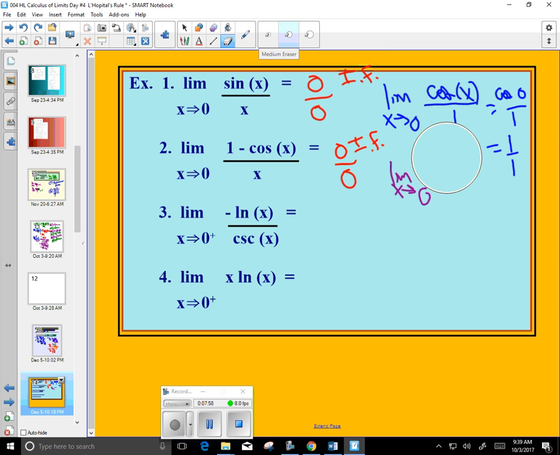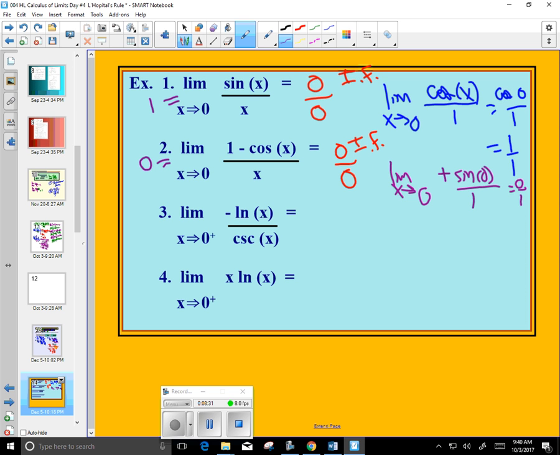What happens to the 1? Yeah, so that's 0. The derivative of cosine is negative sine, so that negative cancels out. And what's the sine of 0, though? 0 over 1 is 0. So this thing is equal to 1, as we proved yesterday, and this is equal to 0, as we proved yesterday.